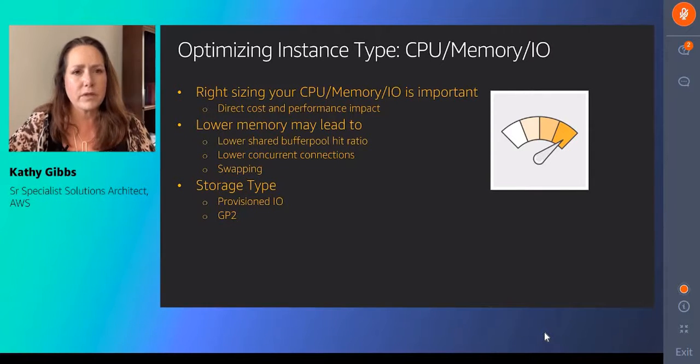I usually vote for the R class with relational databases, but it's whatever works best with your application. We can also look at different storage types. So GP2, you can save a little bit of money. Provisioned IOPS is for those OLTP transactional databases where I know that I need a certain kind of throughput. So if I need 10,000 IOPS, then I can set that up and I can provision that.